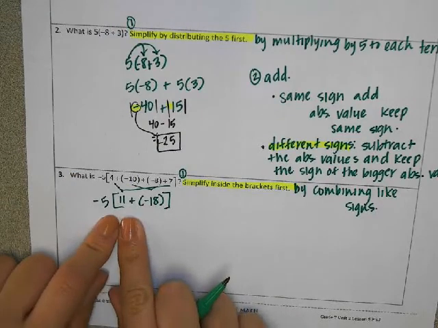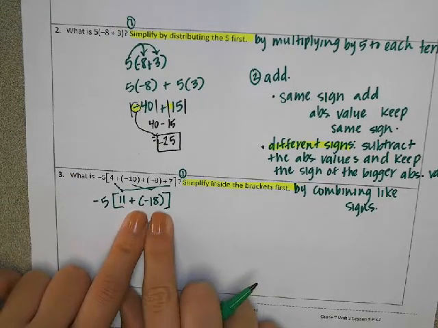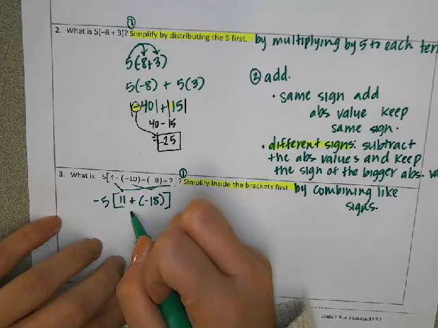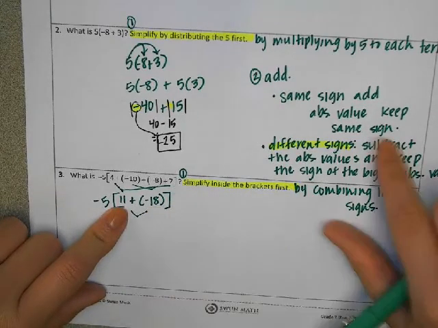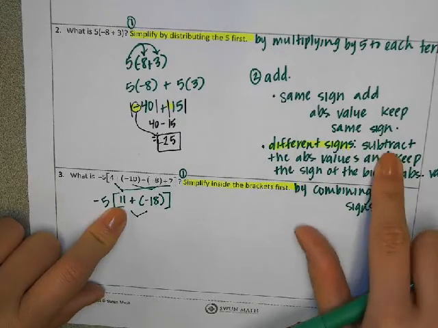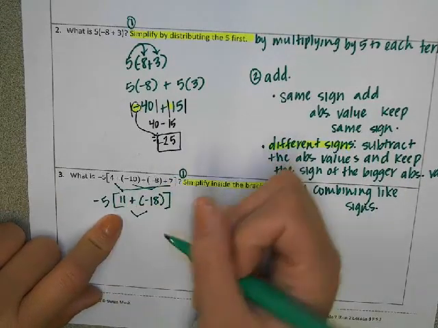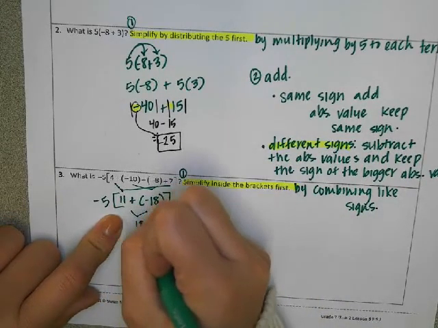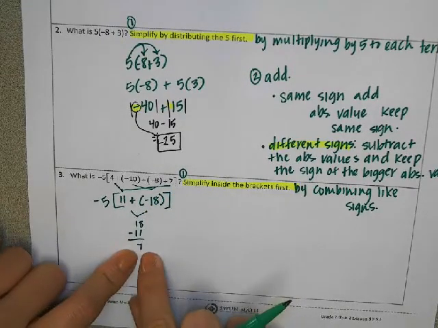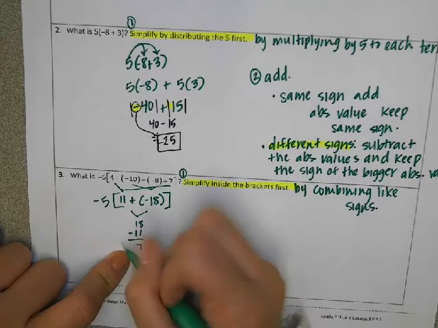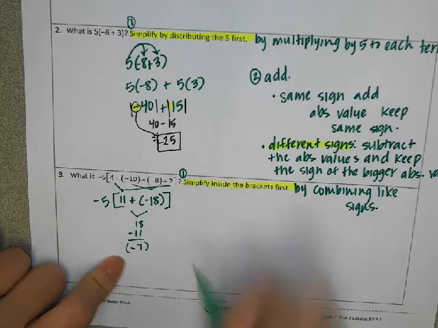So now inside, we're still simplifying my brackets first. I have 2 different signs. So same thing up here. Different signs means to subtract the absolute values. So I'm going to take the absolute values and minus them. 18 minus 11 is 7. 18 is bigger than 11, so my answer is going to be negative.